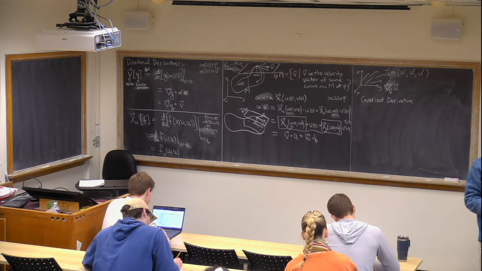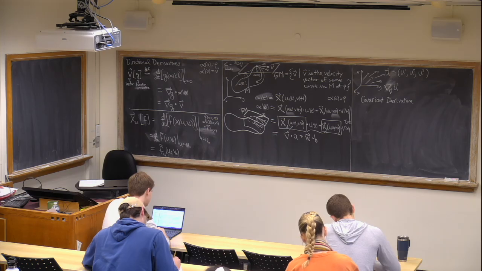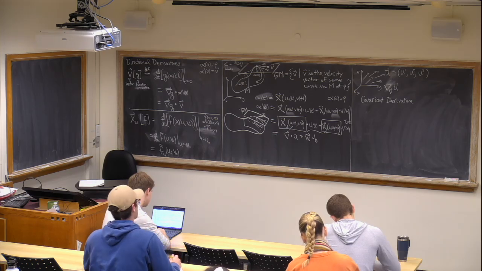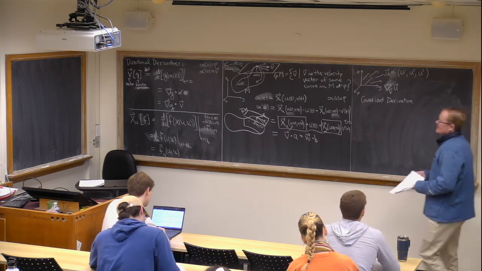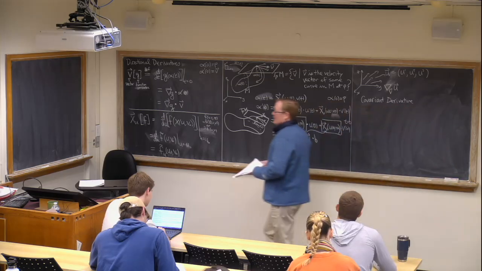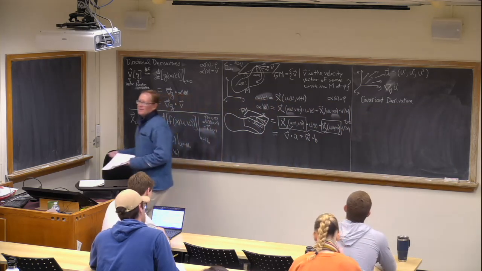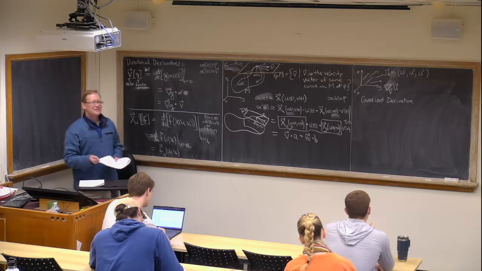It's because mathematicians don't have friends. I'm being silly. It's because we sometimes call things stupid things for no good reason. There's no particular logic behind the word covariant derivative.